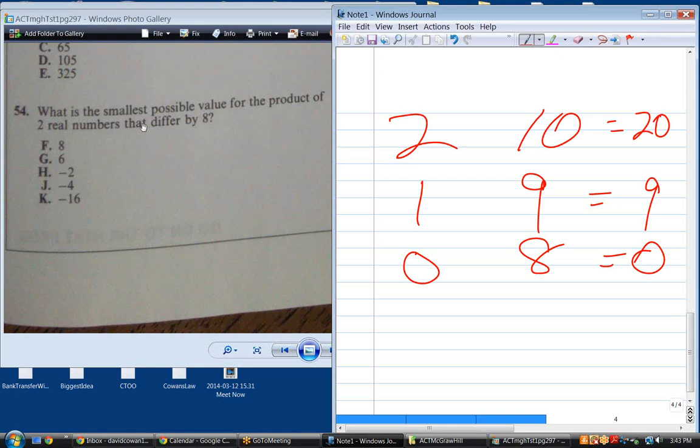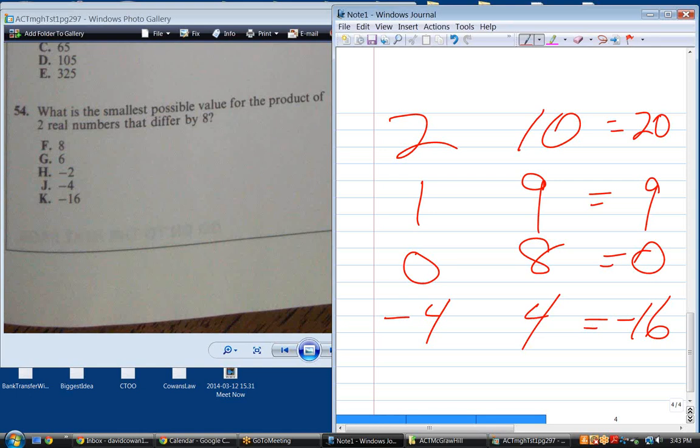Well, since it's talking about smallest, minus 16 is smaller than minus 4, so can we get minus 16? Well, yes, right? So once I get minus 16, I don't really have to consider any other possibility.